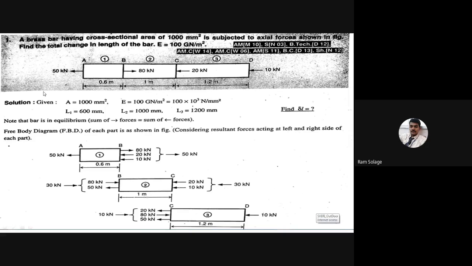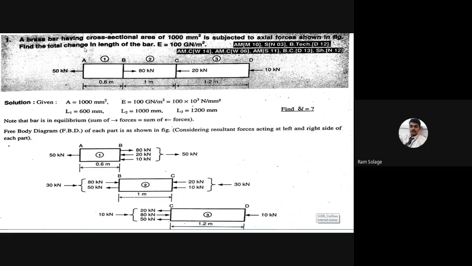Problem number one, a brass bar. Everyone should write it down in your notebook. This is problem number one. Step by step, we will solve the problems. Don't concentrate on the diagram below, that is the FBD we have drawn. First of all, you have to understand the problem.